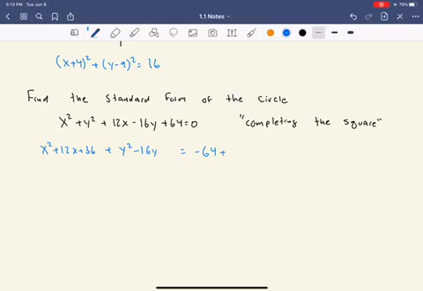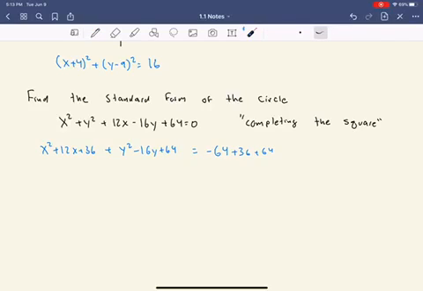If I add it on that side, I have to add it on that side. Half of 16 is 8. 8 squared is 64. Add it on the left side, have to add it on the right side.